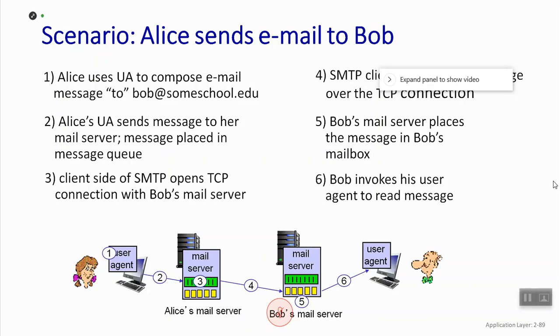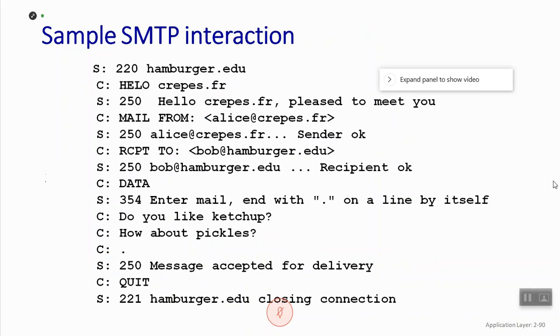So let's say on the left hand side, Alice's email server was Gmail, and Bob's was Yahoo. We had SMTP between them, creating TCP connections to transfer the message sent from Alice to Bob. I hope this is clear. This is the example of SMTP interaction that we have here.